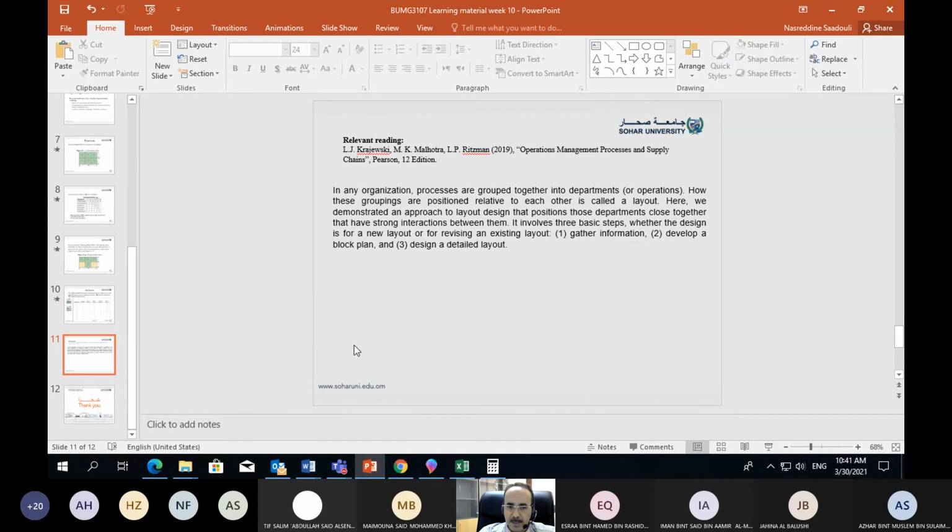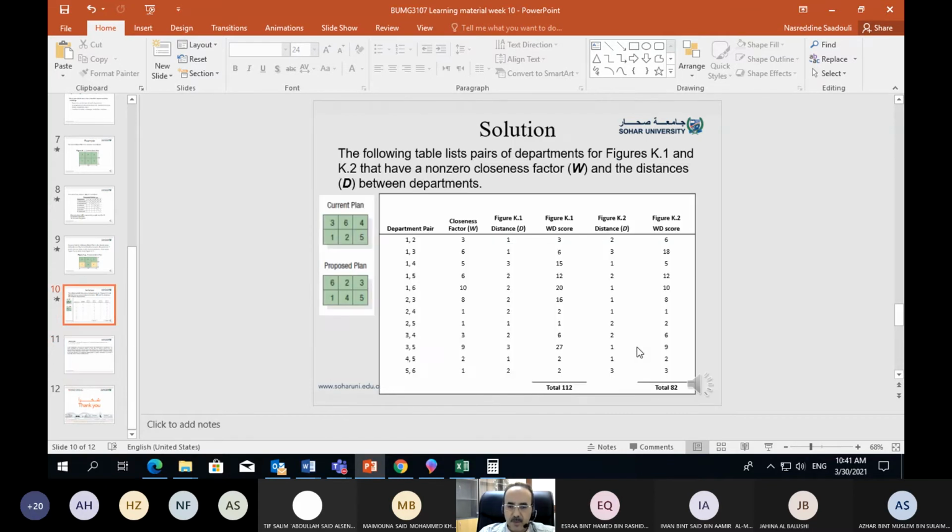And in order to do this, we gather information in terms of the distances and the closeness factors, calculate a so-called WD score, and choose the plan that has the least score. That's the overall idea.